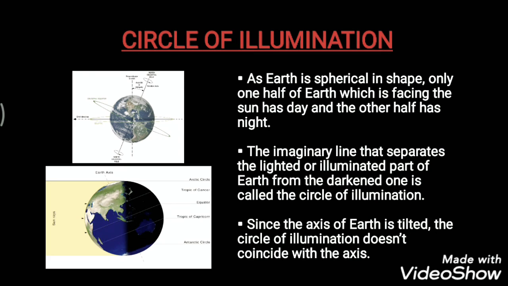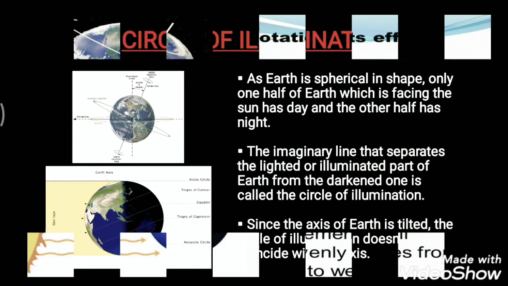Okay, so the imaginary line that separates the lighted or illuminated part of Earth from the darkened one is called the circle of illumination. Alright, now since the axis of Earth is tilted, the circle of illumination doesn't coincide with the axis. Understood?